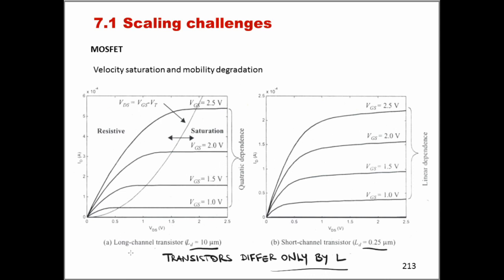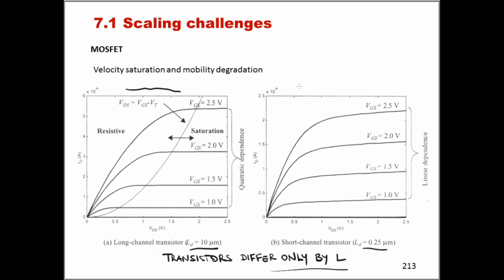So the long channel transistor has these characteristics shown here in this plot. And we can see the parabola that is separating the linear regime from the saturation regime.